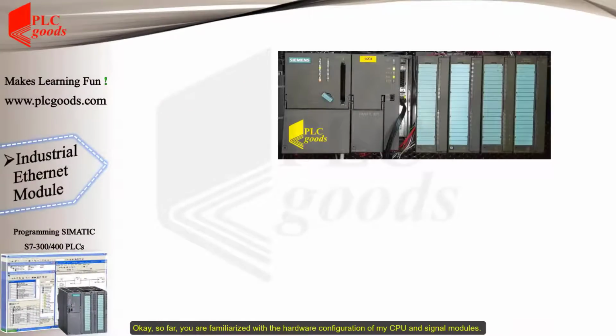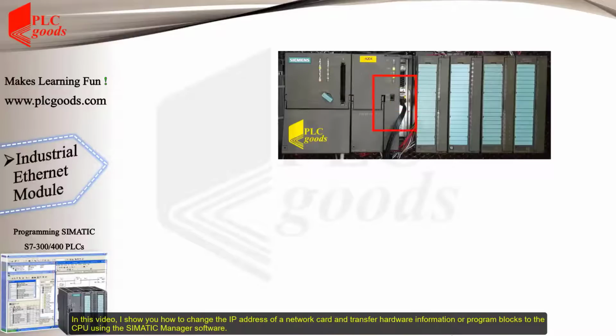Okay, so far you are familiarized with the hardware configuration of my CPU and signal modules. My CPU itself does not have an Ethernet port and it cannot be directly connected to an industrial Ethernet network, but by adding a network card that has an Ethernet port, I can upload or download programs to my CPU through the Ethernet network.